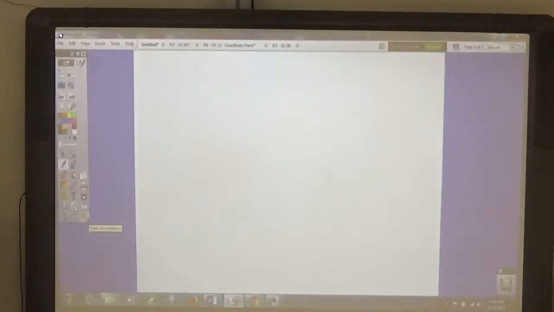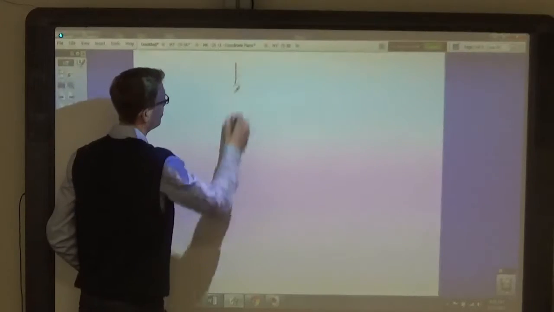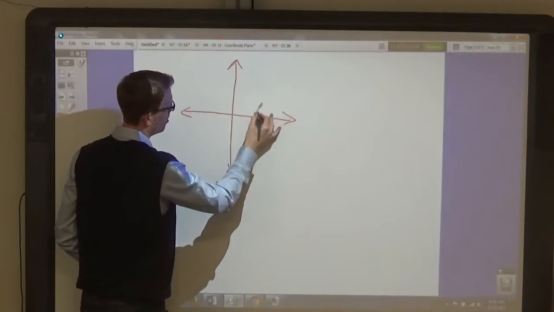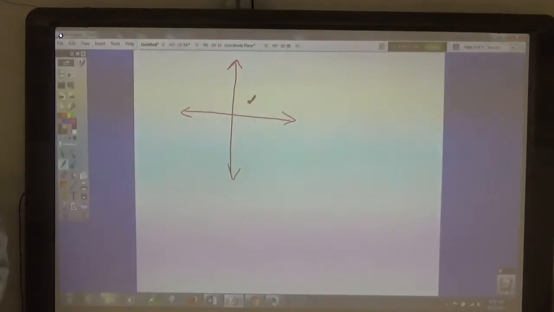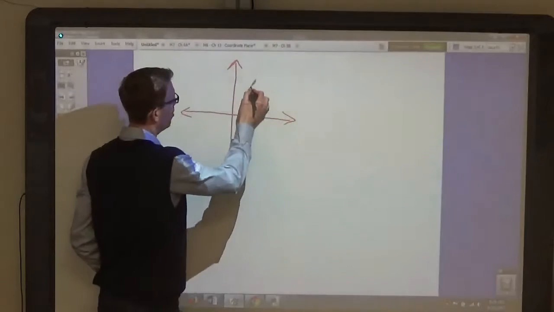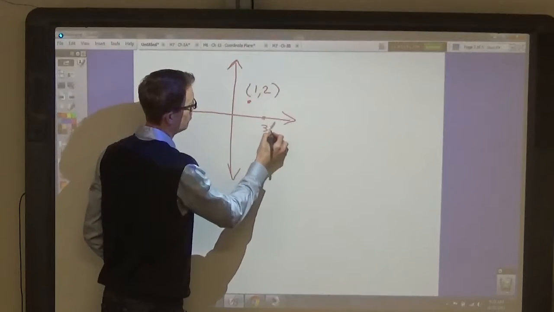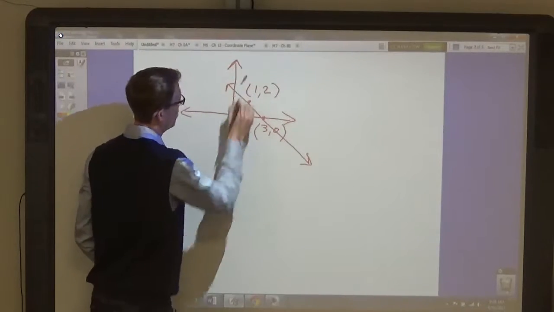Number 2, in your book, we have points marked at 1, 2 and 3, 0, and the line goes like this. Okay?